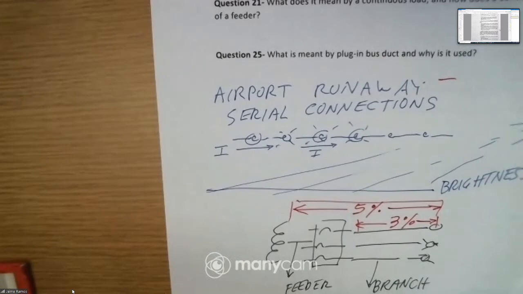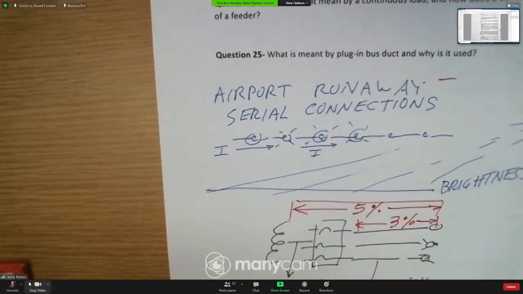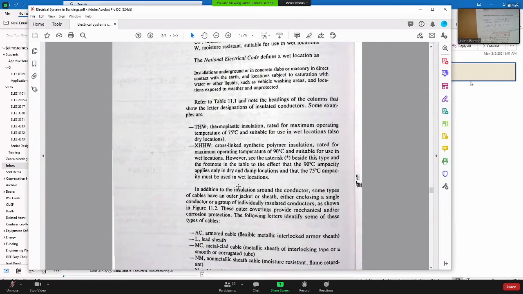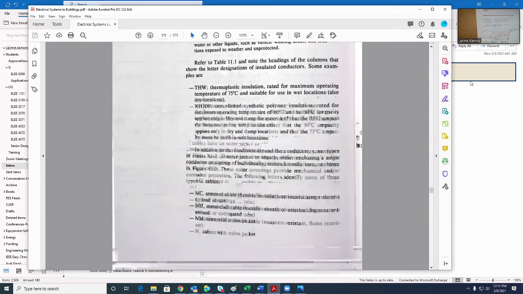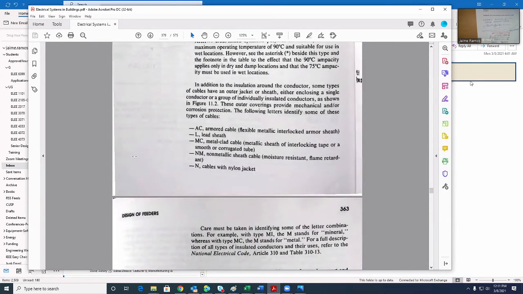So the most common, most cheap is THW. Then the XHHW. So remember, THW, you cannot use it outdoors under the sun. Then other letters for other types of cable: armor cable, lead sheath, metal clad cable, non-metallic.